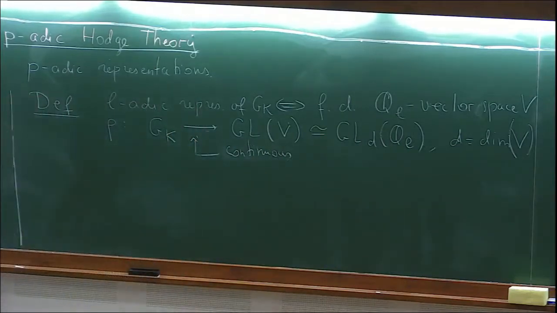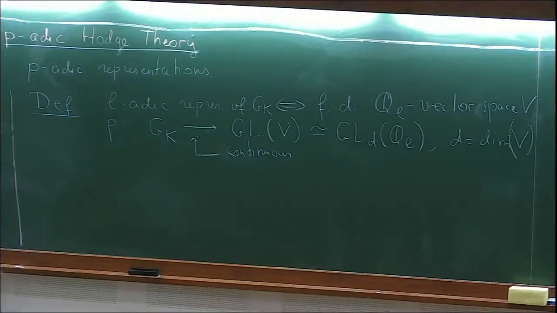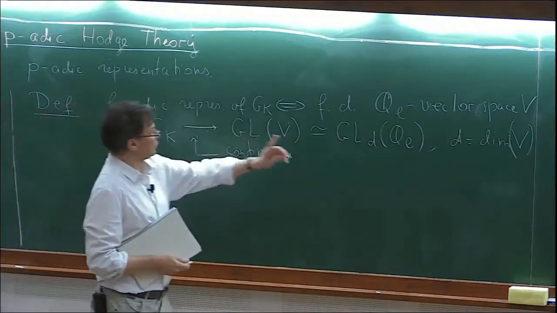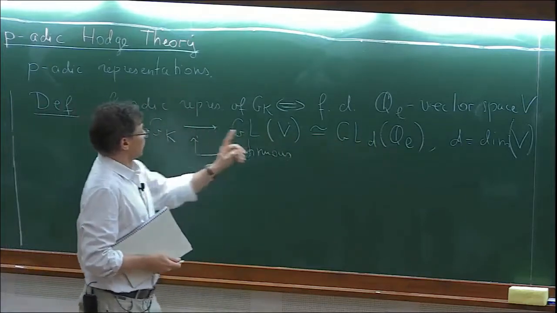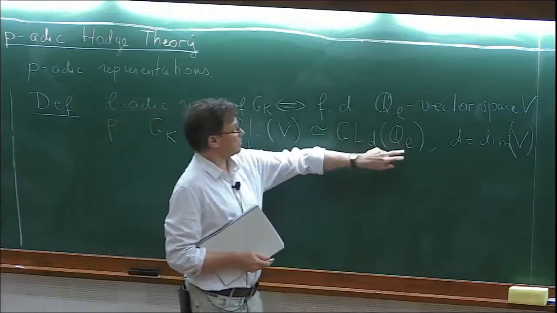And this explains why the choice of l is important, because G_K is equipped with the Krull topology, so it should be a continuous map, and it depends heavily on the choice of l.